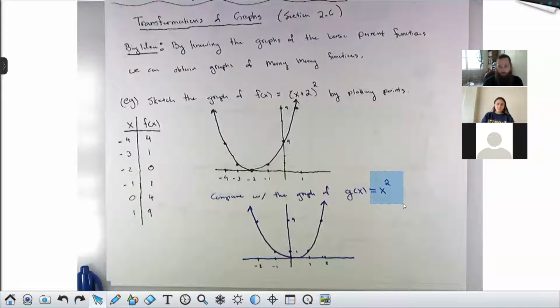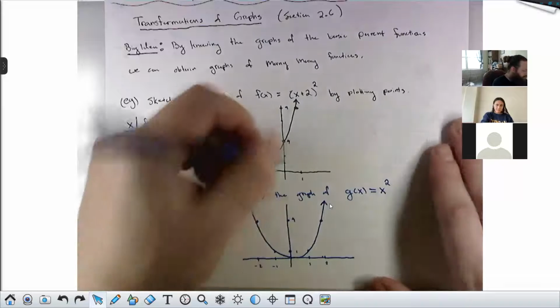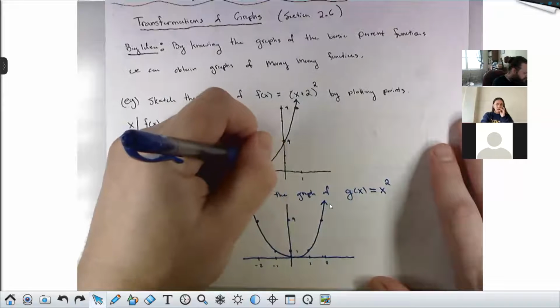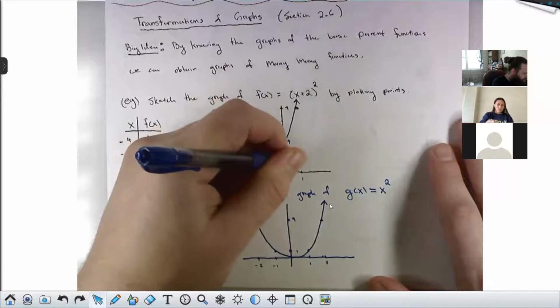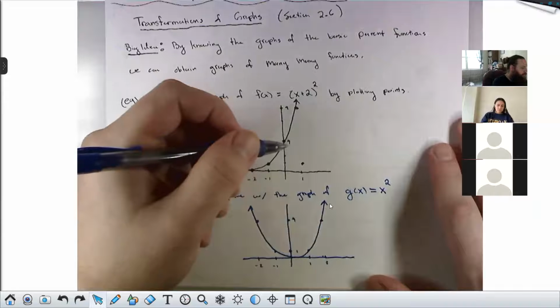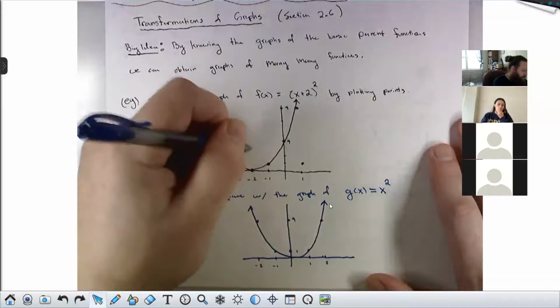Is it the square? Well, certainly they're both quadratics, right? We've got an x squared here. We've got some x stuff being squared here. What if I set the blue graph on top of the black graph? Maybe that will help. Are all the points shifted to the left by 2? Yes, that's exactly it.